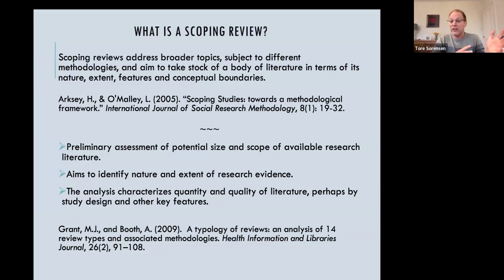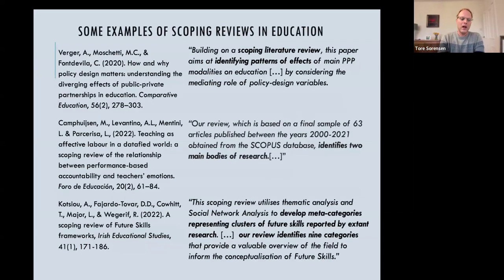You can look at the quantity and the quality of that literature. You can look at the size and you can go into depth discussing the quality of this literature, what the conceptual boundaries are, what the debates are, and discussing main areas of dissent and contestation. So these are useful starting points.